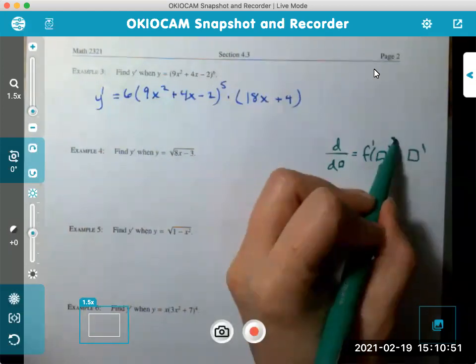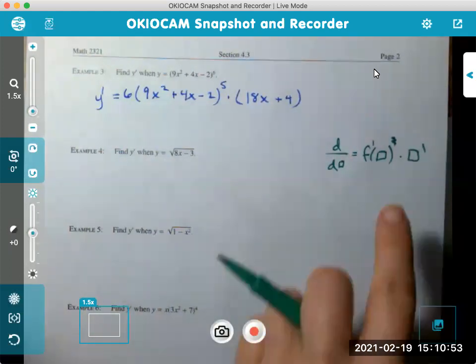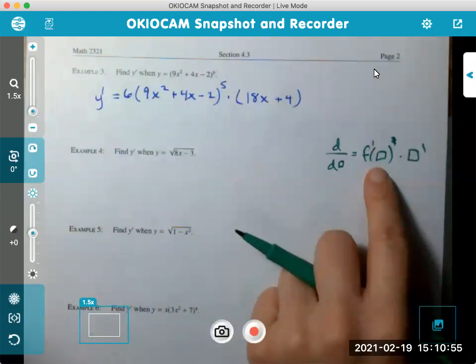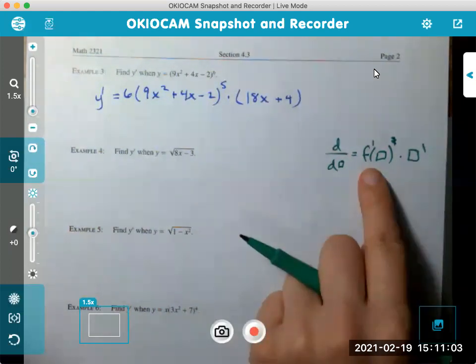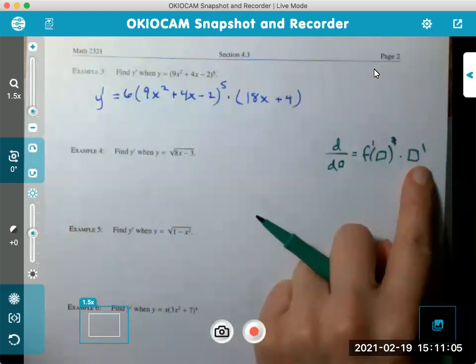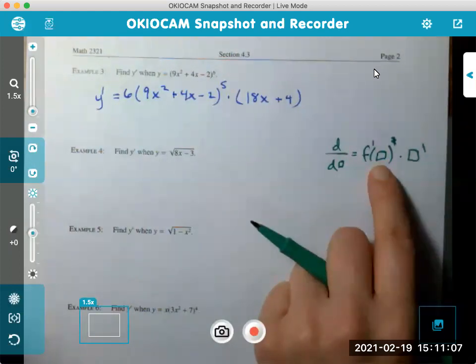Maybe I should put the prime there. But you're only taking the derivative of the outside first, repeating the inside, and then taking the derivative of the inside. So it's first step, deal with the outside, second step, deal with the inside. But the inside gets repeated because it is there. It didn't disappear into the cloud or anything.